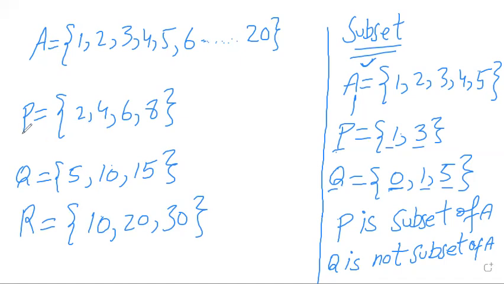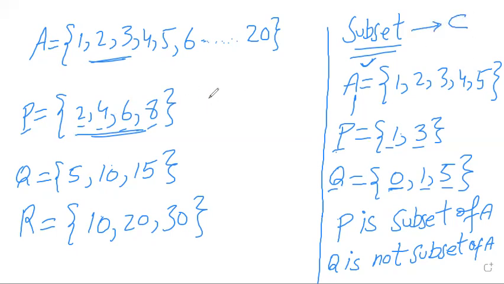Now look at P. P is taken from A. You can see 2 is in A, yes, 4, 6. All elements of P are actually elements of A also. So I will say P is a subset. For example, I say P is a subset of A. So this is the symbol for the subset.